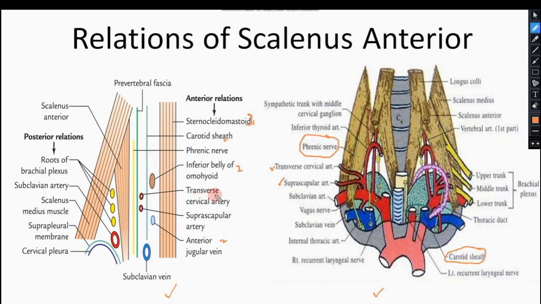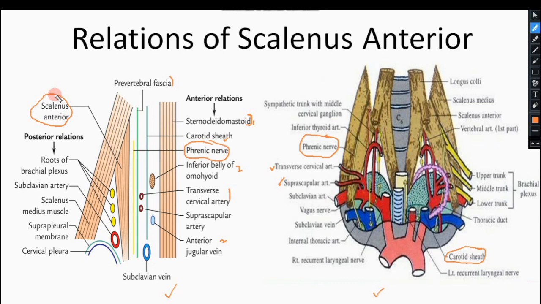Further going deeper, we see this transverse cervical artery. Further going deeper, this prevertebral fascia. Further going deeper, phrenic nerve. Clear?